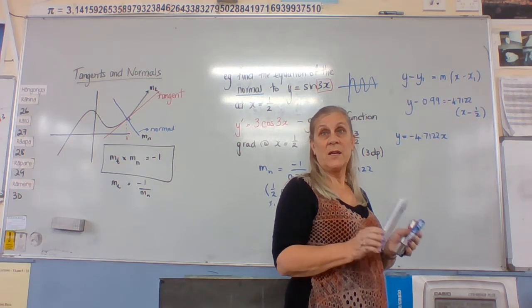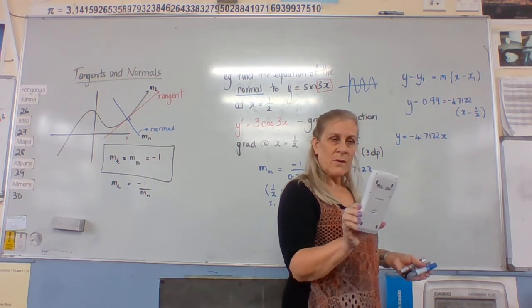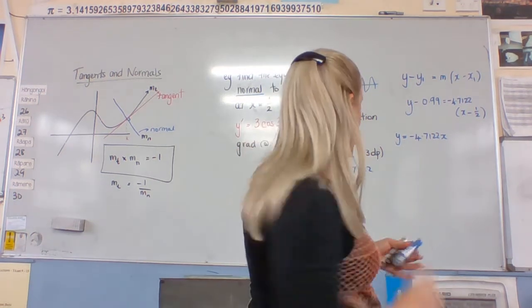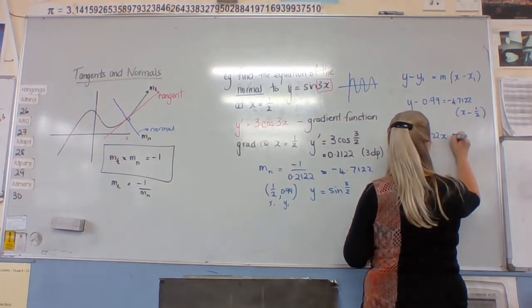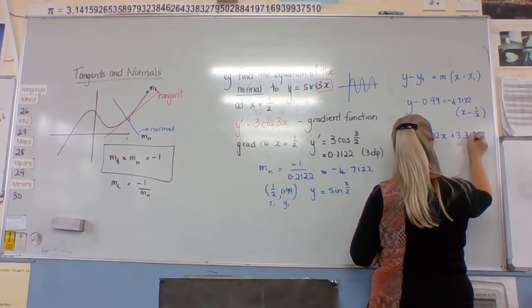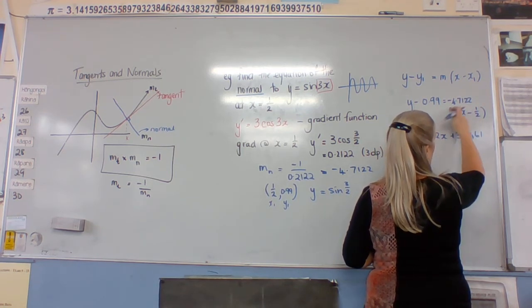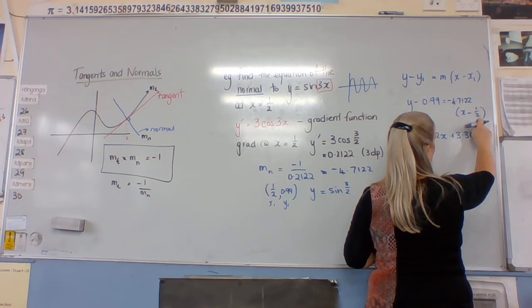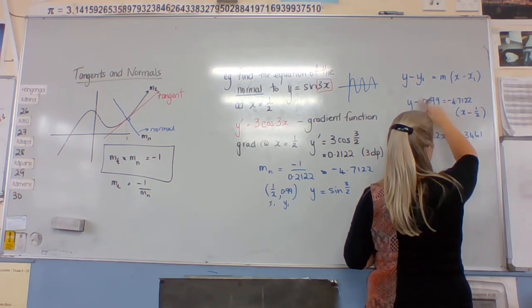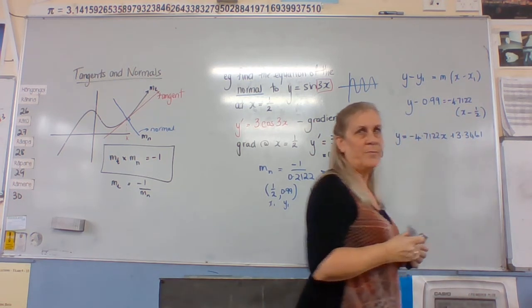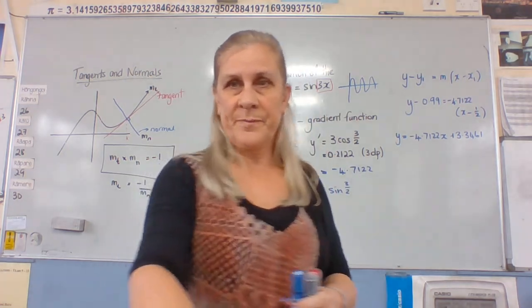Somebody agree? Anybody done it? 3.3461 I get. So that times that, 4.7122 times negative a half, so it's a positive, and then add on 0.99. All right.